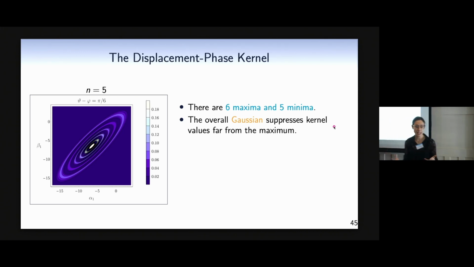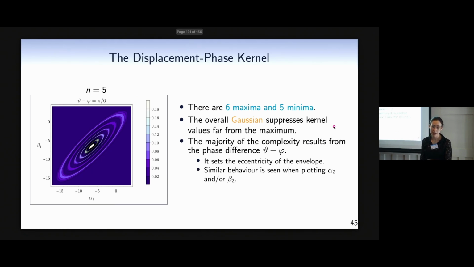So again, you see that polynomial and Gaussian part of your data. Again, the majority of your complexity comes from this phase difference. So that's going to set the eccentricity of your envelope, and you see sort of similar behavior whether or not you're plotting against alpha 1, beta 1, or alpha 2, beta 1. All of that sees sort of a similar qualitative behavior.